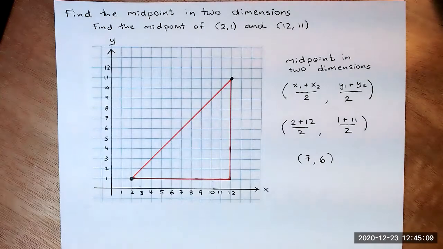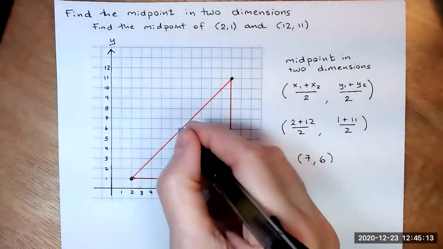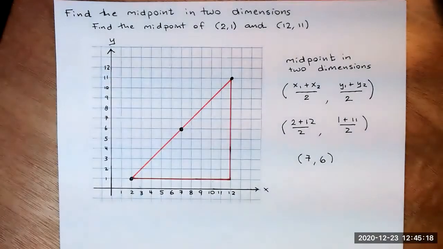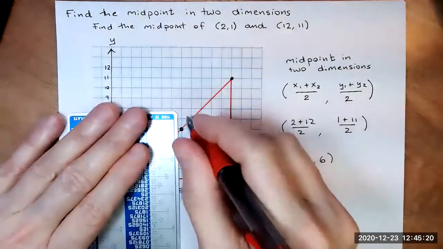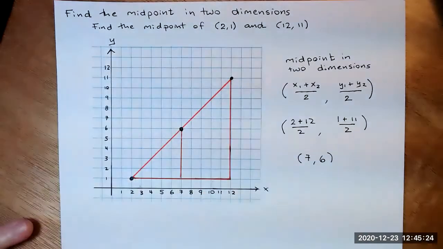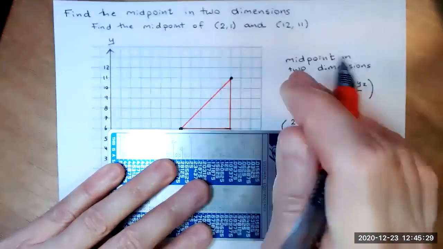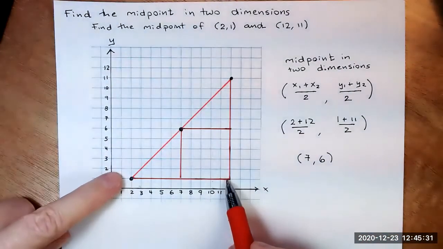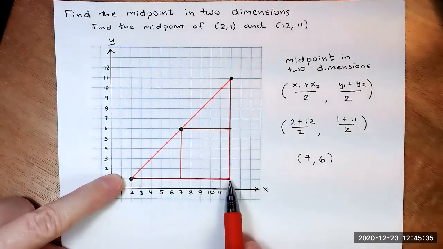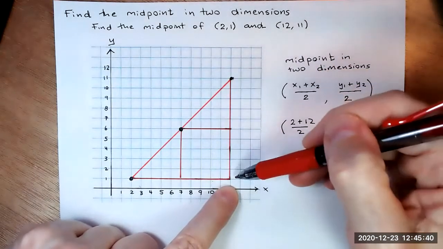So the midpoint is x equal to 7, y equal to 6. These lines. It's easy to see that 7 is the midpoint between 2 and 12, and 6 is the midpoint between 1 and 11.